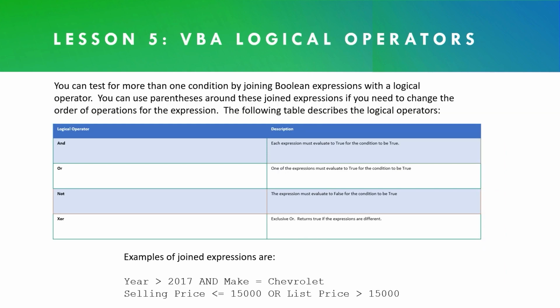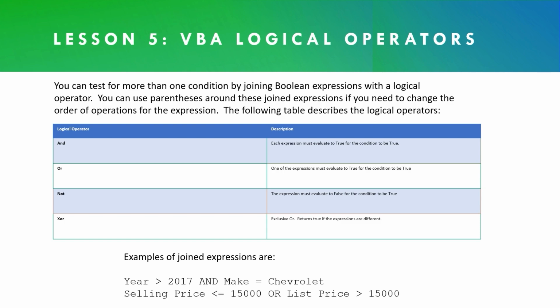And you can test for more than one condition by joining Boolean expressions with a logical operator. You can use parentheses around these joined expressions if you need to change the order of operations for the expression. So you have a table with your logical operators and descriptions: and, or, not, and exclusive or. And then you have examples of joined expressions at the bottom.